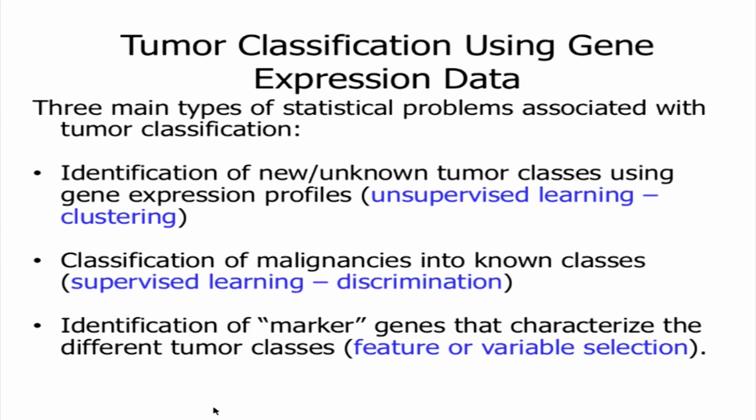But sometimes you have a different statistical task, which is you want to classify malignancies into known classes, for example, high risk versus low risk tumor. This is then referred to as supervised learning or discrimination or classification.